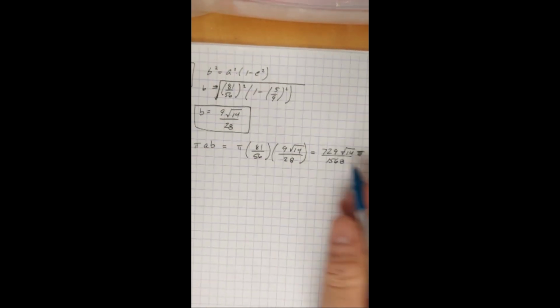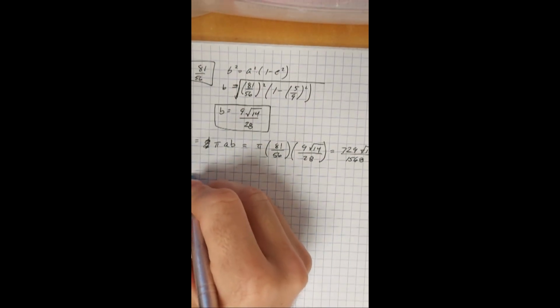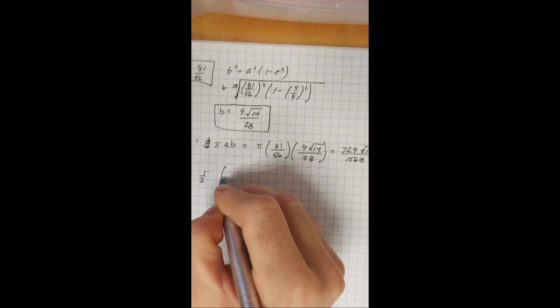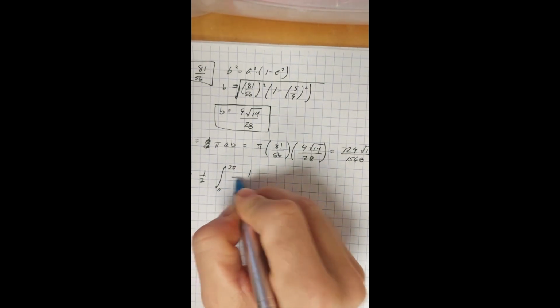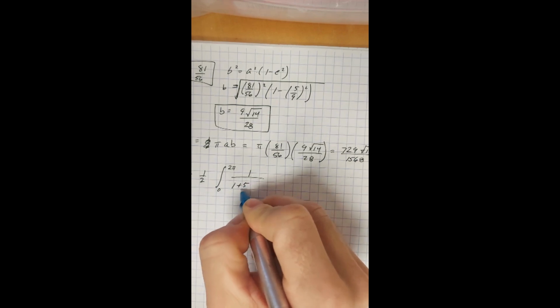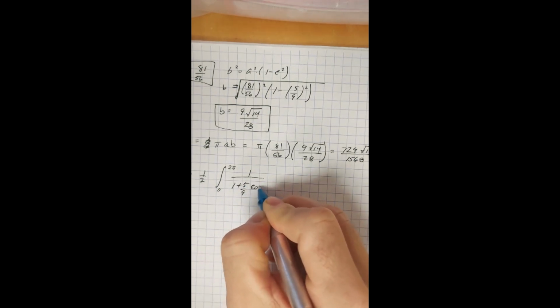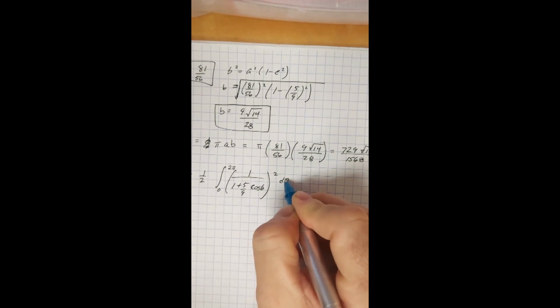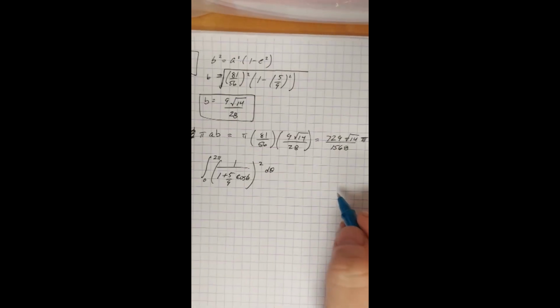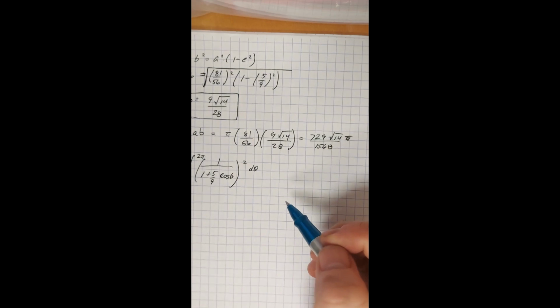Now we're going to check this, of course, with the expectation that if we look at the integral from 0 to 2 pi of the equation of our ellipse, 1 plus 5 over 9 cosine of theta squared d theta, we would expect that the area should be exactly the same.